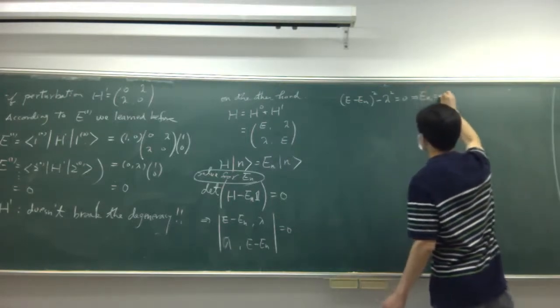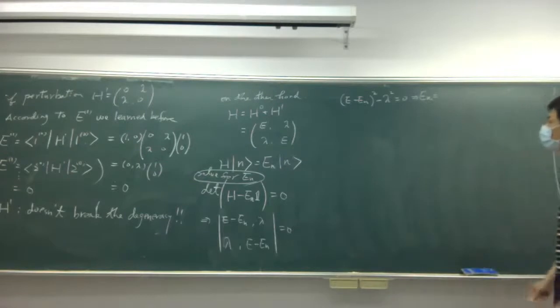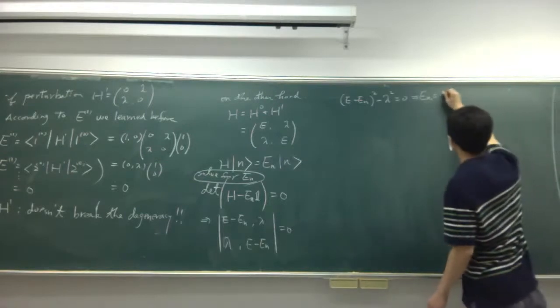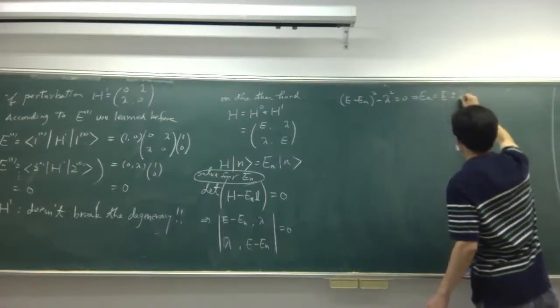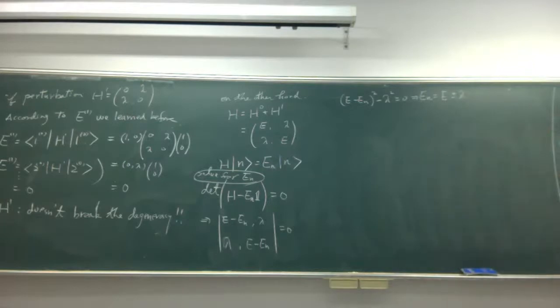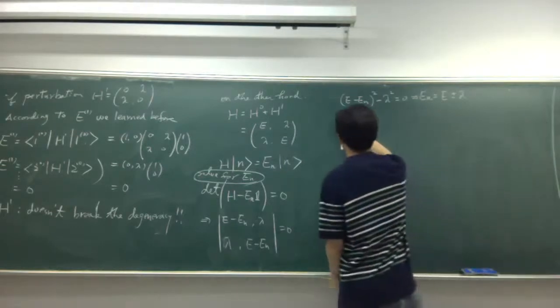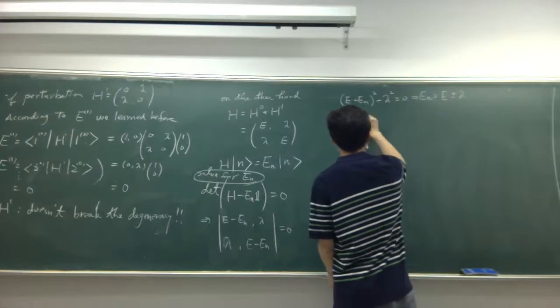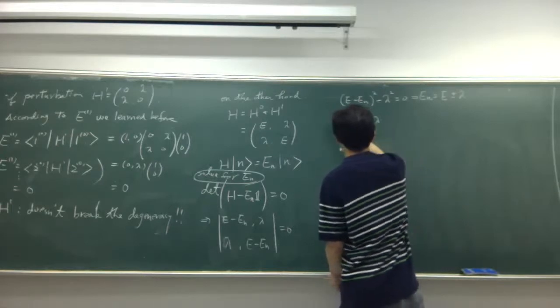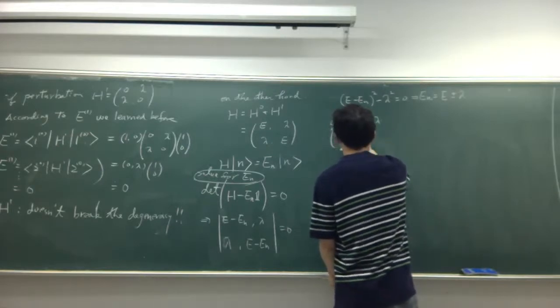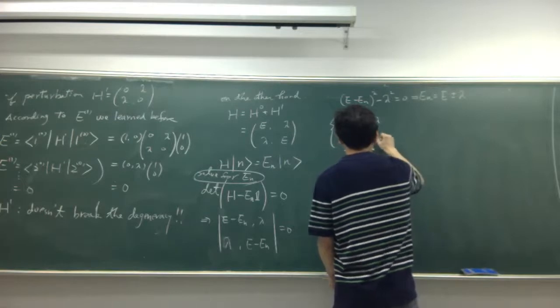Obviously, I can solve for En. En is E plus or minus lambda. I take E1 equals E plus lambda and E2 equals E minus lambda.